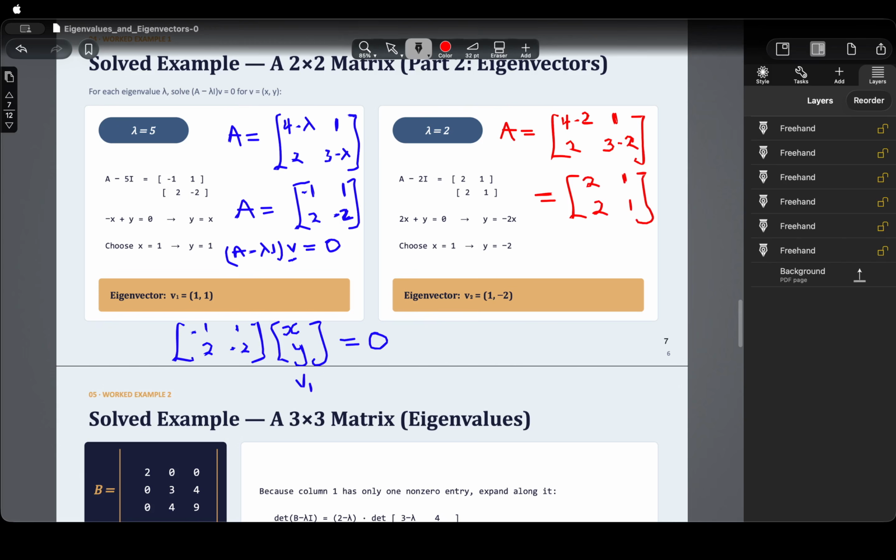Okay, so this is what you are solving. So find x y equal to 0 as well, and this will give you the eigenvector 2 for its corresponding eigenvalue as well.